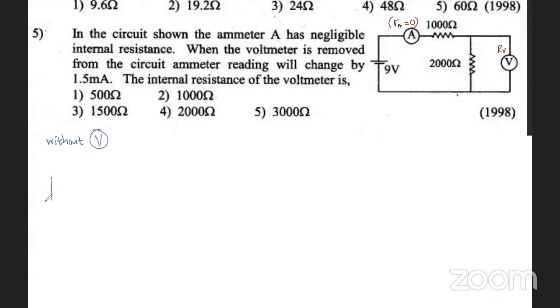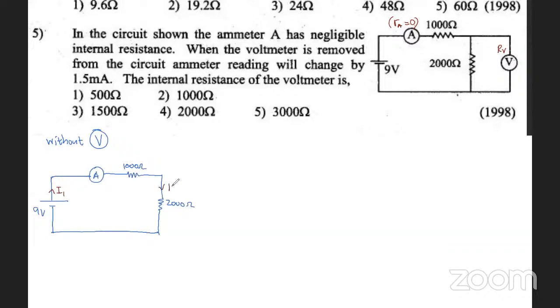When you draw a circuit without the voltmeter, what is going to happen? The ammeter is here. The ammeter has no resistance, so we don't have to worry about it. We have 1000 ohm, this is 2000 ohm, and this is 9 volt. There is no internal resistance to the battery as well. There will be a current I1, and the ammeter reading is I1.